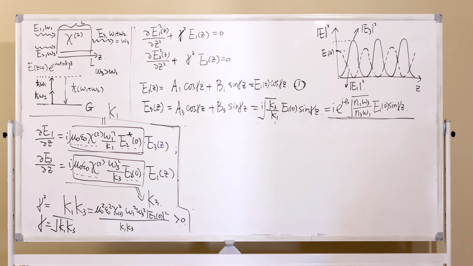Each omega 1 photon you consume, you generate an omega 3 photon. Since it's kind of boring calculation, I'm not going to repeat it here. The key in this calculation is that the power is equal to this.